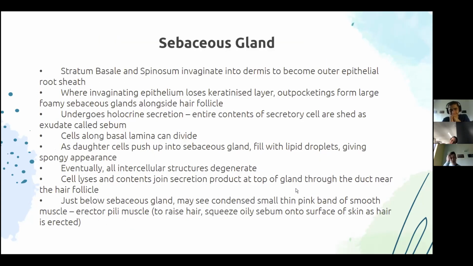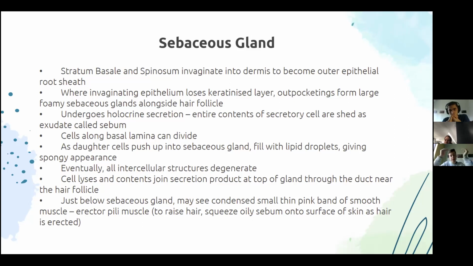So a key example, and I've got an image of it on the next slide, is the sebaceous gland. So this is a gland that's secreting sebum. You've got the stratum basale and the spinosum invaginating into the dermis, and so they're going to become the outer epithelial root sheath.